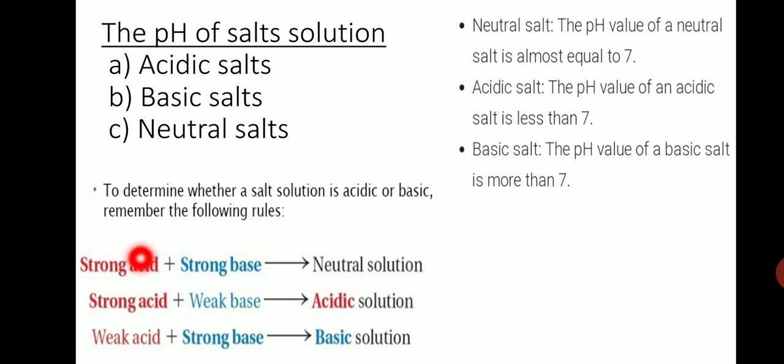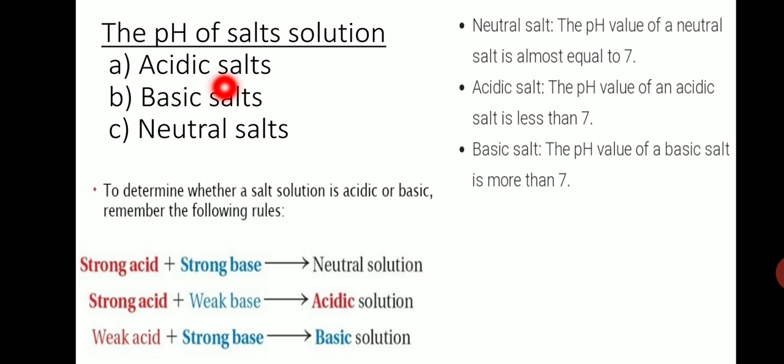When a strong acid and a strong base react together, it gives a neutral solution, or neutral salts. That means both are strong enough to neutralize. Clear? If I am adding a weak acid and a weak base, then also the strength is the same, and it shows neutral salts.